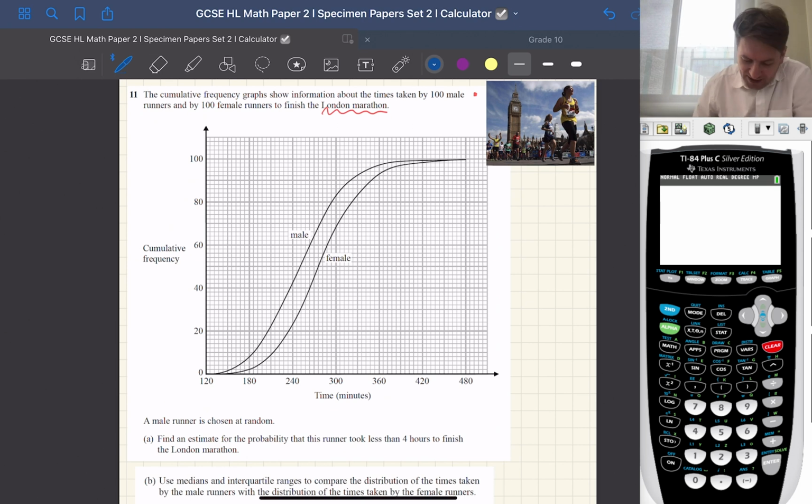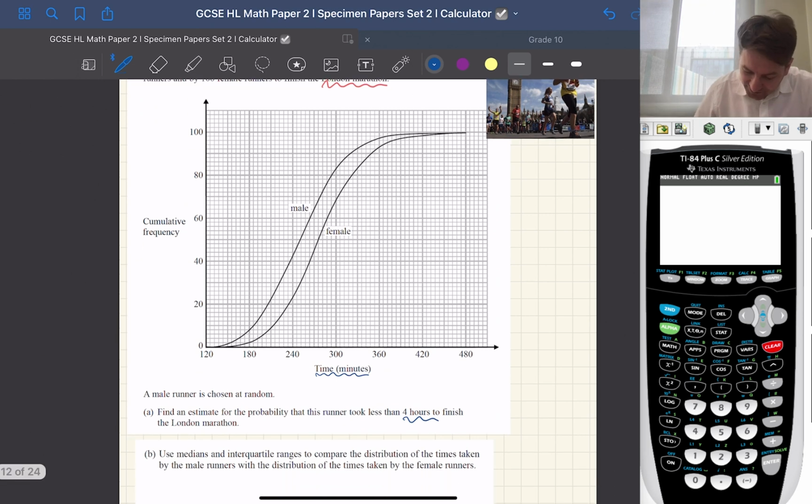First thing that I noticed is the time is in minutes and the question says 4 hours, so how about converting those? 4 hours would be 60 times 4, 240 minutes. Now 240 minutes is right here.